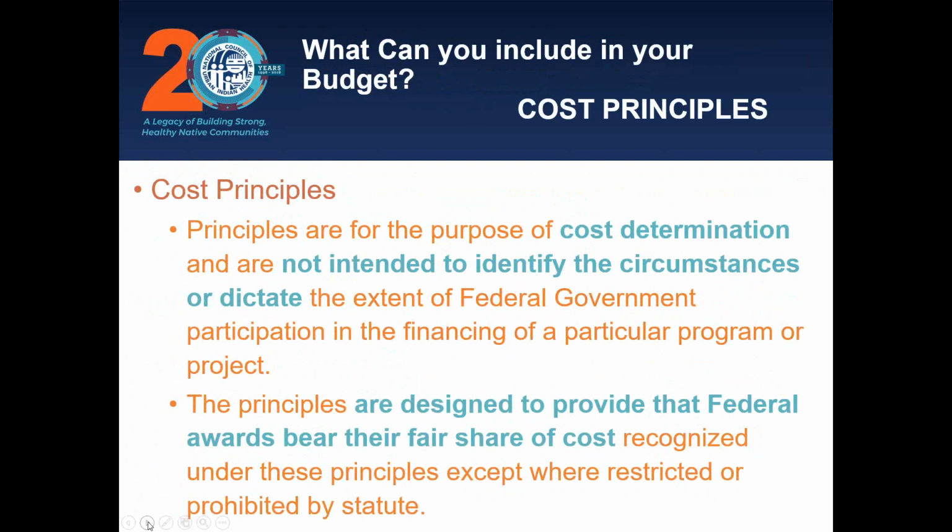The principles are designed to provide that federal awards bear the right share of the cost, meaning that what you're including in your budget is going to be consistent with your activities, and you're not going to be putting a lot of burden on the government on something that you're not going to be working on. And also, it will help you determine if these costs are directly connected or not. So those are the cost principles in general, and I know this sounds very dry as well, so we're going to go into each one specifically.